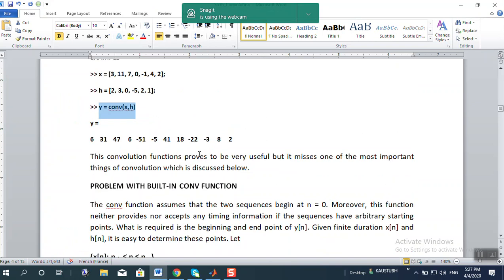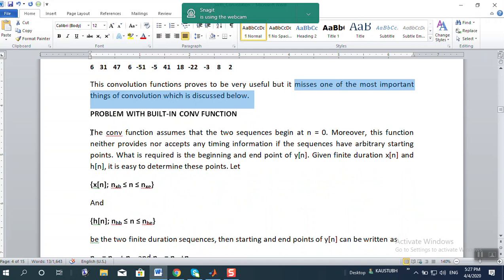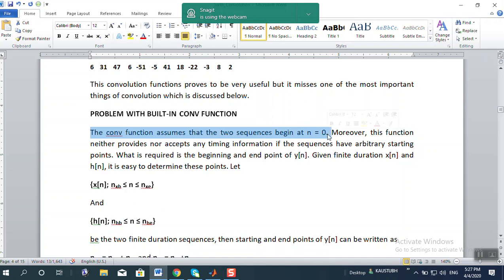So this convolution function proves to be very useful, but it misses one of the most important things of the convolution, which is discussed below. The conv function assumes that the two signals begin at 0. Since it does not consider the time, the default is that it takes it as 0.